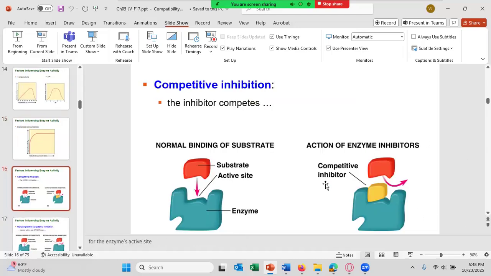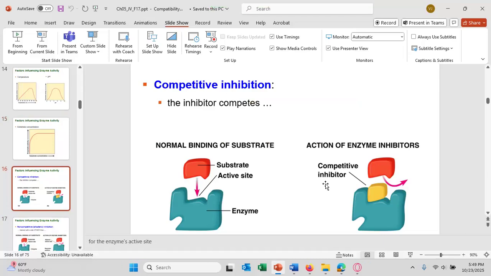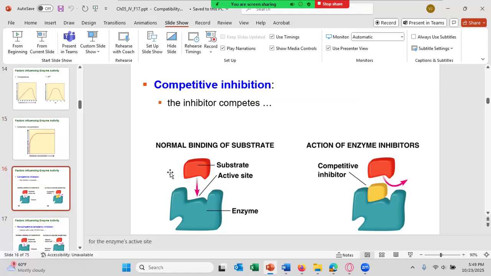All right. Let's talk about inhibition. There are two types of inhibition. Competitive inhibitor, where an inhibitor competes with the substrate for the active site. We have some drugs that are competitive inhibitors, where the drug will bind to the enzyme, preventing the substrate from binding to the active site of the enzyme.